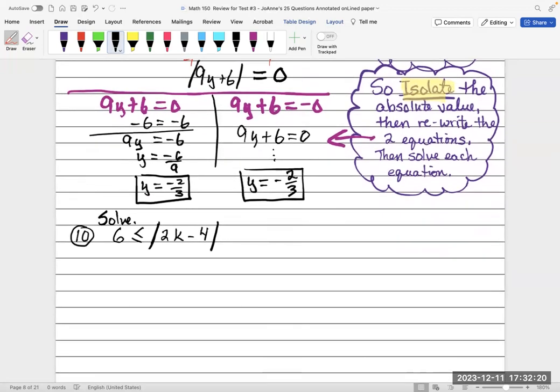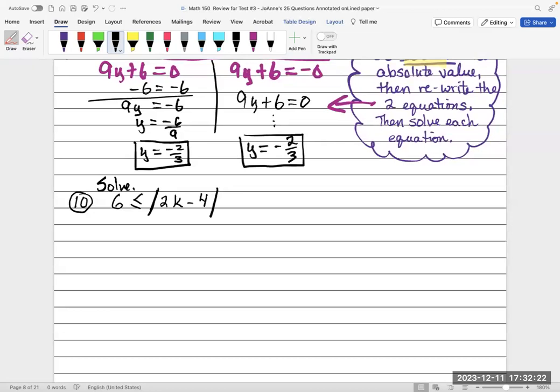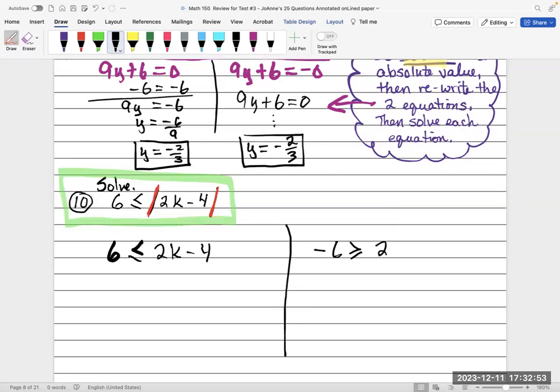Solving this inequality, number 10. Same steps. Same rules for when it's an inequality. I would isolate my absolute value. This problem's already there. So now when I write my two equations, I will copy one exactly. 6 is less than 2k minus 4. The other equation is going to be a negative 6 is greater than or equal to my 2k minus 4.